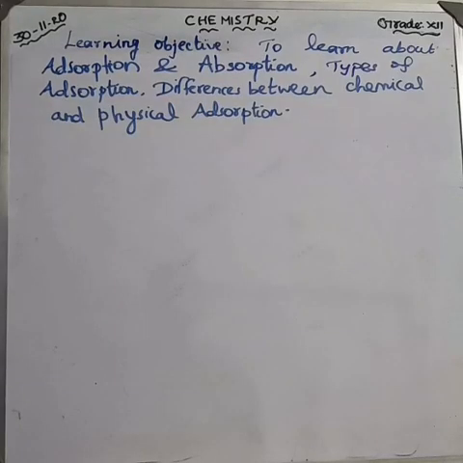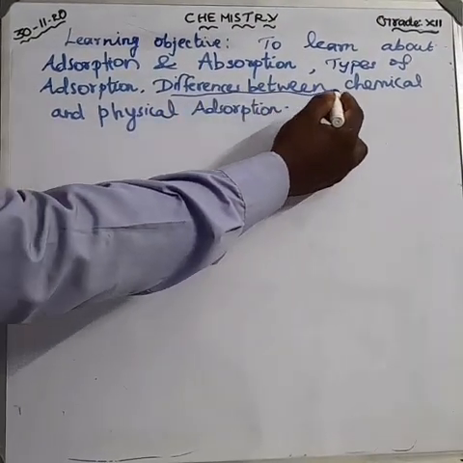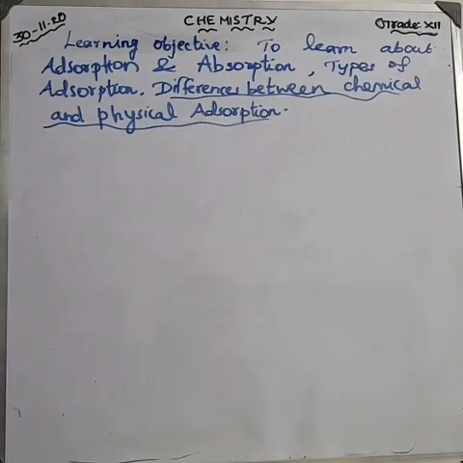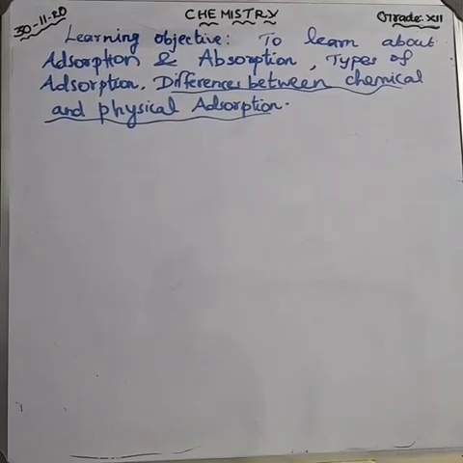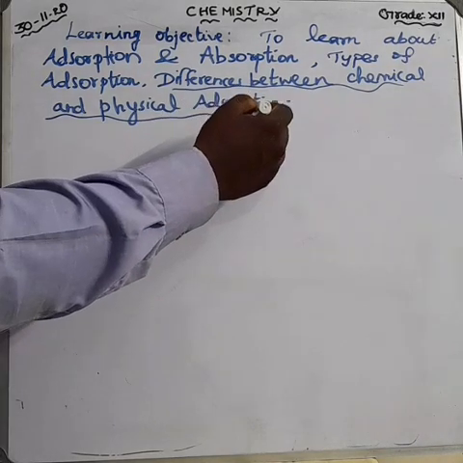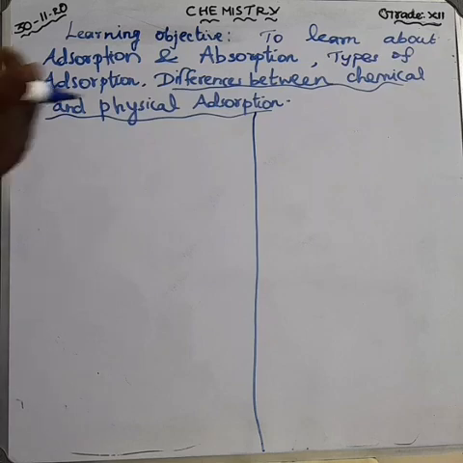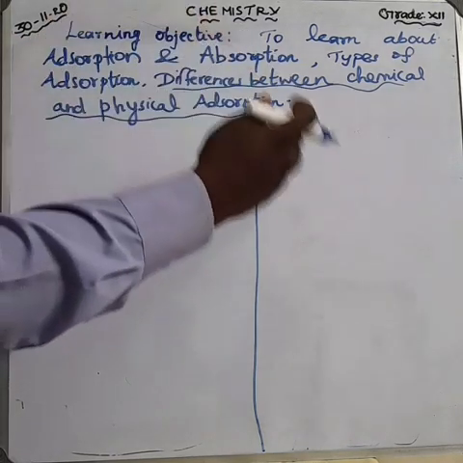So our third learning objective is the differences between chemical and physical adsorption, the distinction between chemical and physical adsorption. The page should be divided into two equal halves: one for chemical adsorption, the other for physical adsorption.